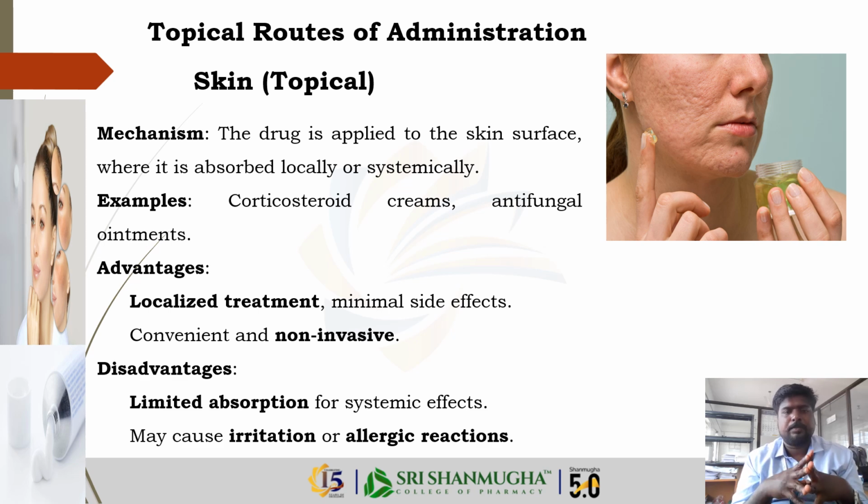Also, on the skin, some drugs may cause irritation or allergic reactions. For allergic reactions, for example, before you inject an antibiotic, you first test for allergic reaction on the skin. So these are the disadvantages of this route of drug administration.